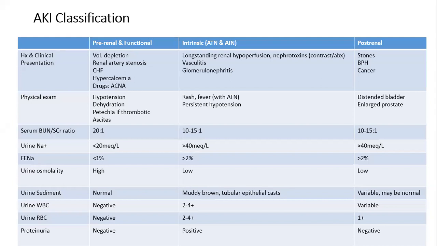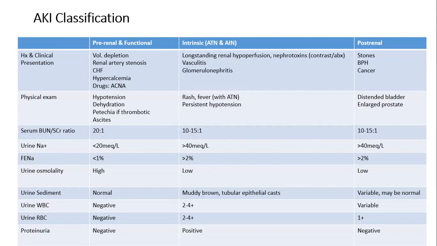Clinical presentation for a pre-renal cause is usually volume depletion, renal artery stenosis, congestive heart disease, or hypercalcemia. Intrinsic causes, acute tubular necrosis or acute interstitial nephritis, usually present with long-standing renal hypoperfusion, with nephrotoxins, vasculitis, or glomerulonephritis. Looking at the patient we were previously discussing, he was provided 3 liters of fluid, so he's not volume depleted.